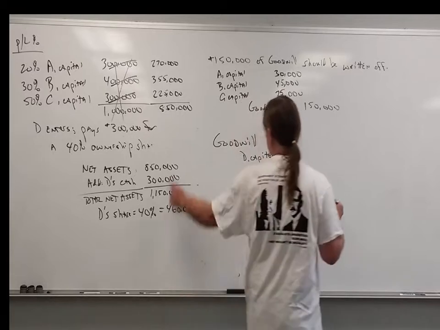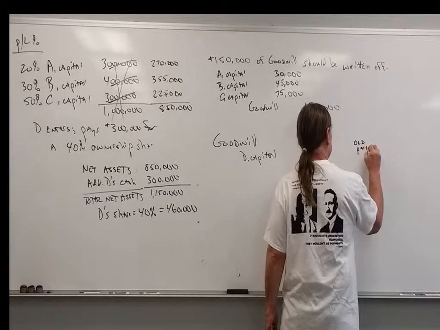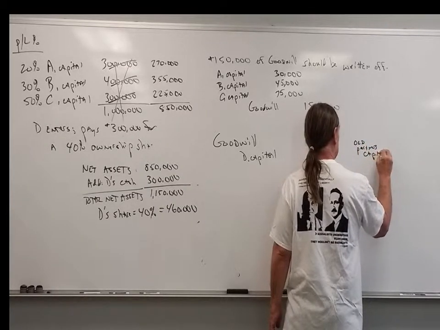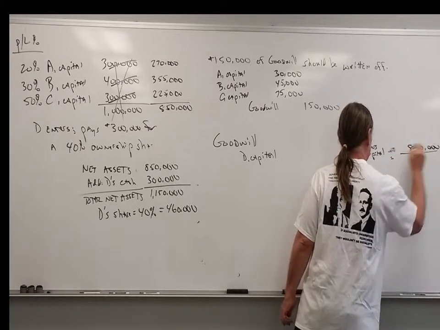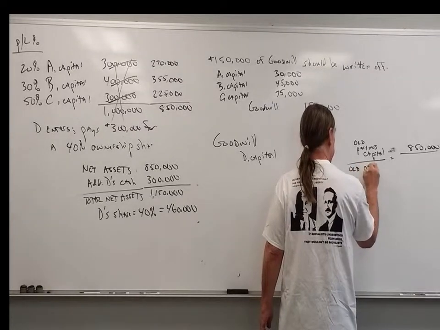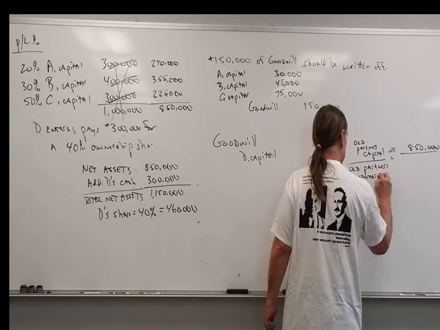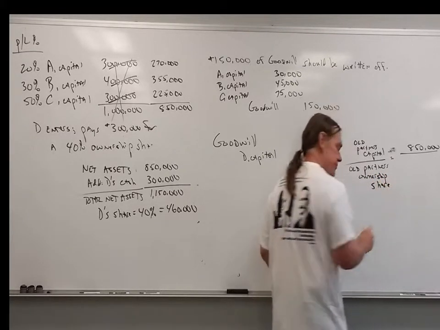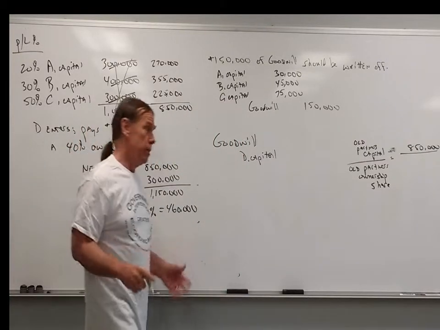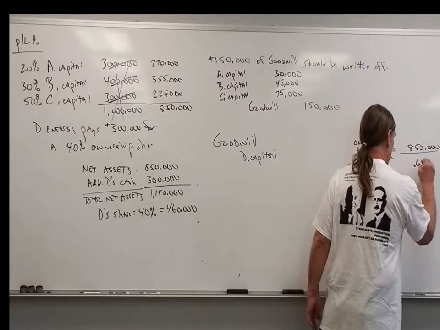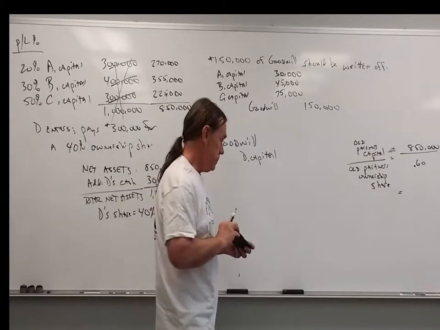So the previous partner's capital is $850,000, divided by the old partner's ownership share. Now again, after D enters, D's going to have 40% ownership, so the old partners are going to have 60% ownership. And I can't do that in my head.